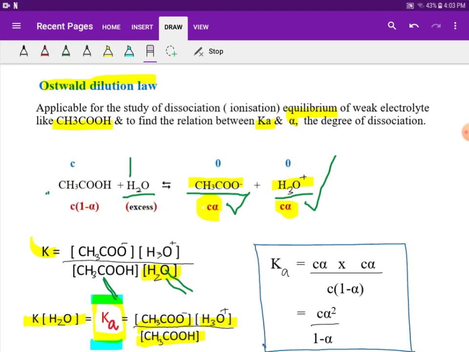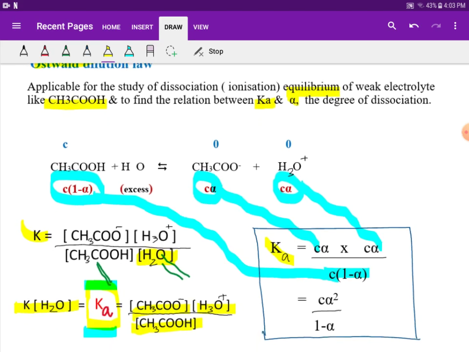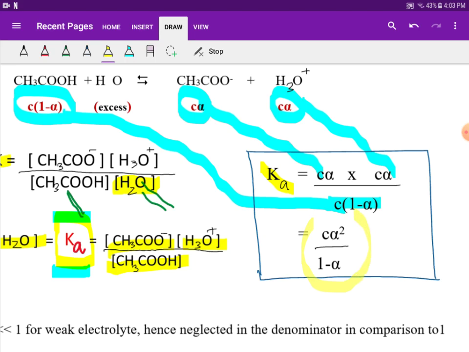Now substituting the various concentrations at equilibrium, Ka is equal to the concentration of acetate ion, that is C alpha, into the concentration of hydronium ion, that is also C alpha, divided by the concentration of undissociated acetic acid, that is C into 1 minus alpha. That comes to be C alpha square by 1 minus alpha.